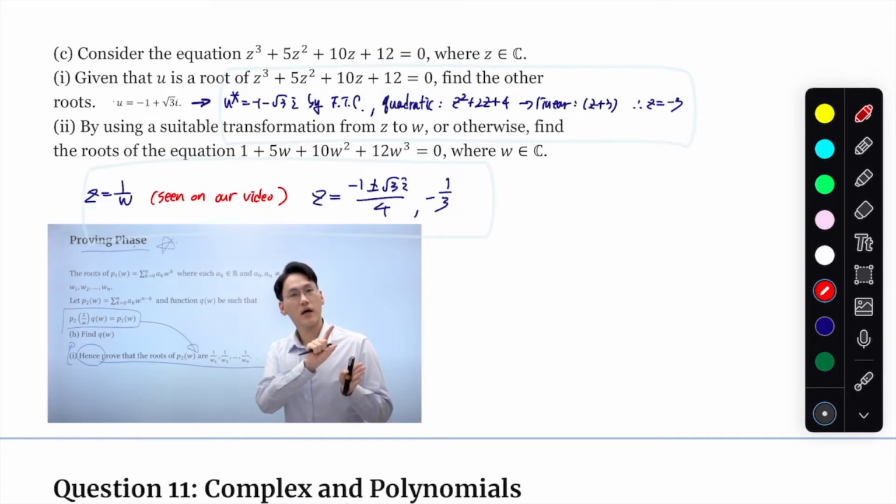And the thing that I merely want to mention is that this is one of our revision videos. I think this is one of the paper 3 problems that I mentioned. As you can see, preserving the coefficients but changing the order of the polynomial is merely just substituting with the reciprocal, 1 over w, and then things can be solved very quickly because you already found the roots from the previous polynomial.